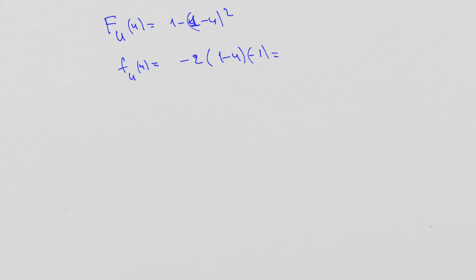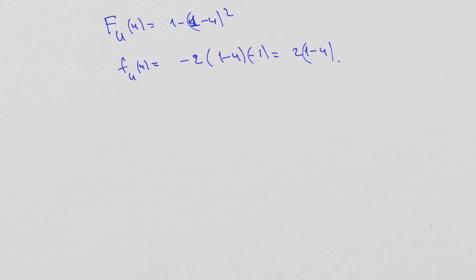So now we have F of u is 1 minus (1 minus u) squared. Now the derivative of this one, f of u, would be minus 2 times (1 minus u) times minus 1, which is 2 times (1 minus u).